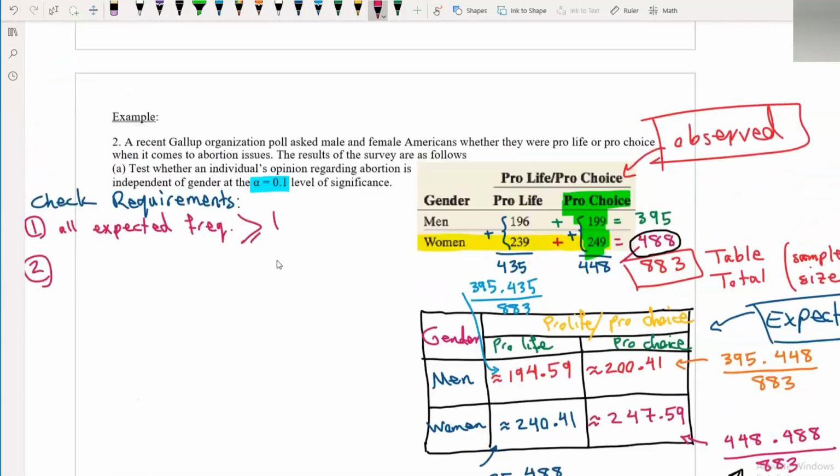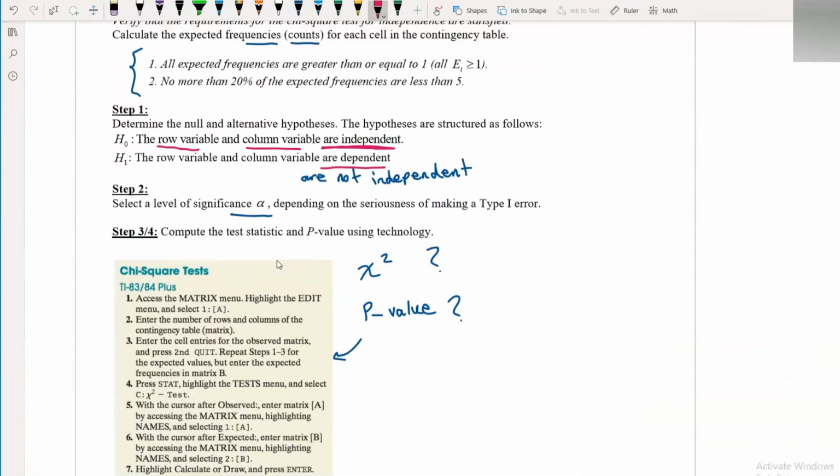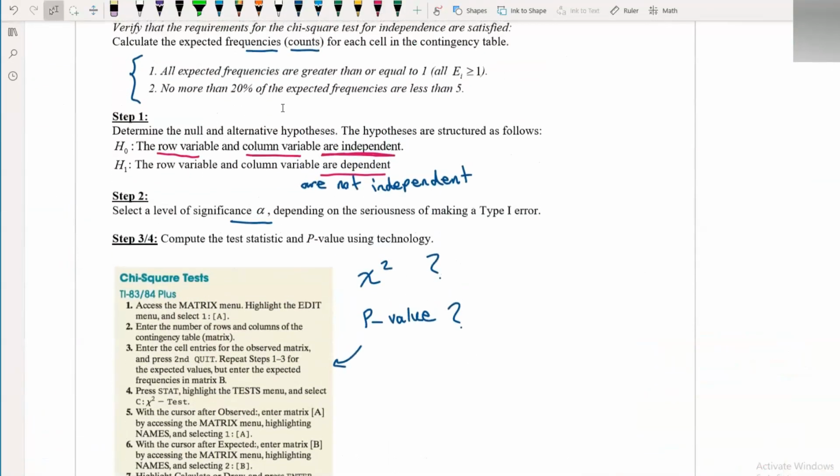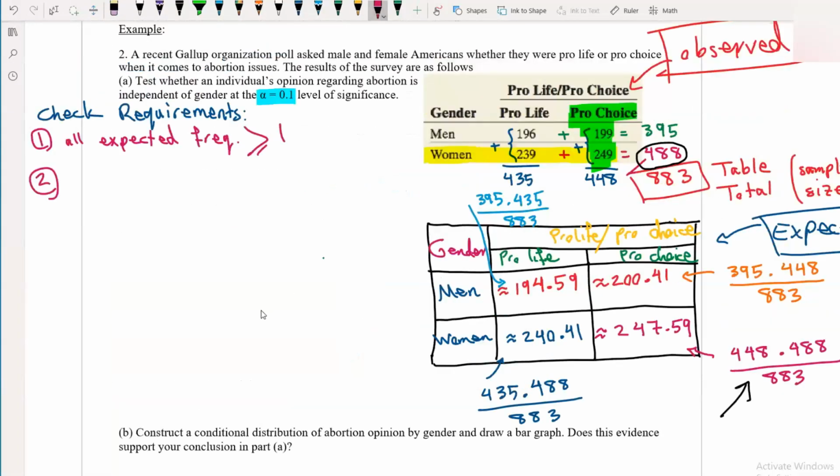Number 2, no more than 20% of expected frequencies are less than 5. We may have expected frequencies less than 5 because, on number 1, it says that we may have this equal to 1, right? So none of these are less than 5. You only need to write none are less than 5. That's it. So we have the first and second.